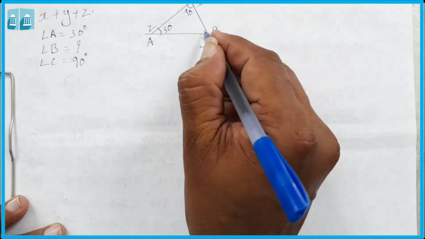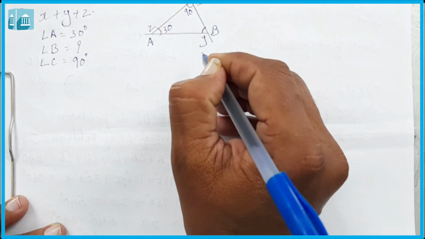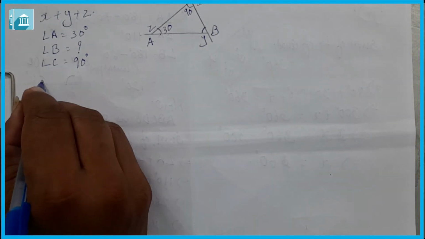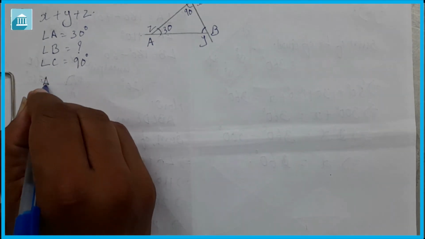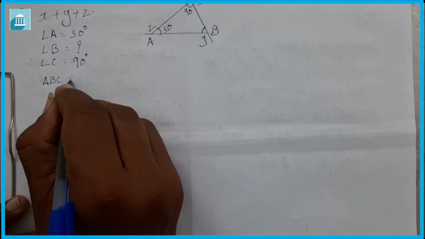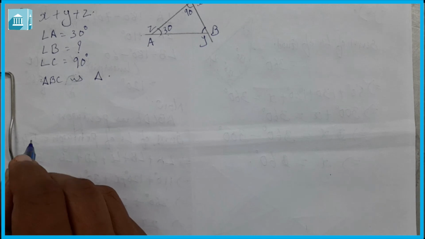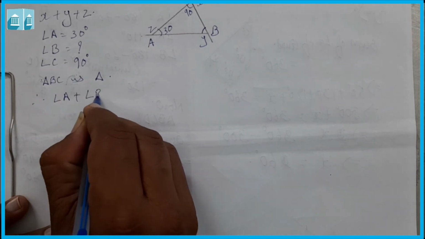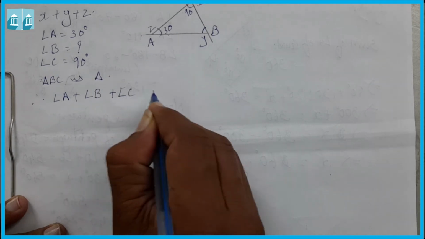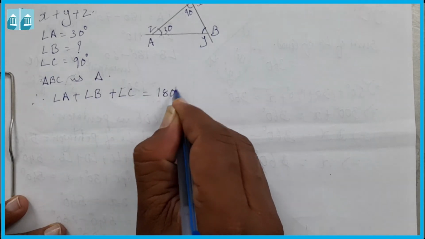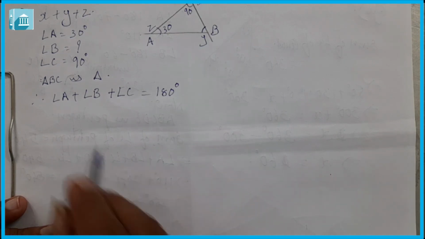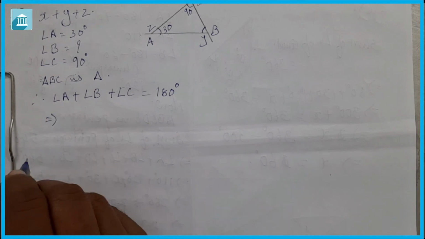So first we can get this angle B. We know that ABC is a triangle. Therefore angle A plus angle B plus angle C is equal to 180 degrees.